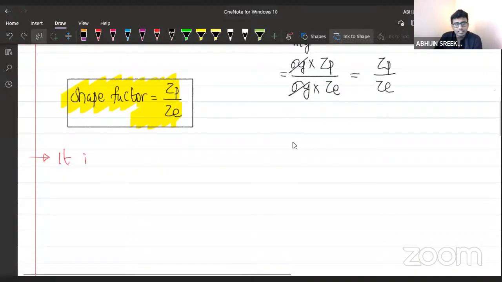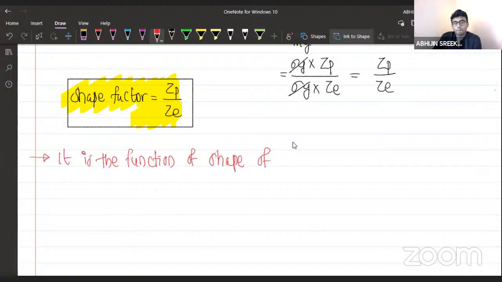We can say that it is a function of the shape of the cross section. It represents the strength of the material beyond the yield point.